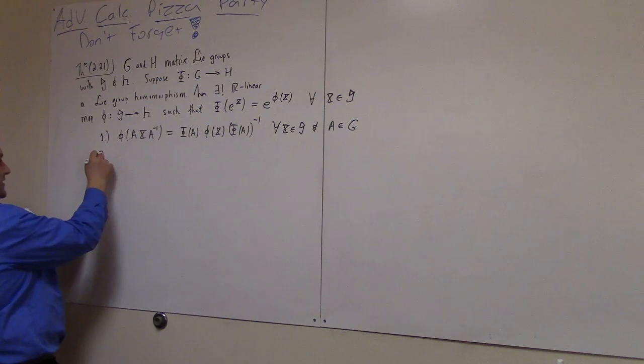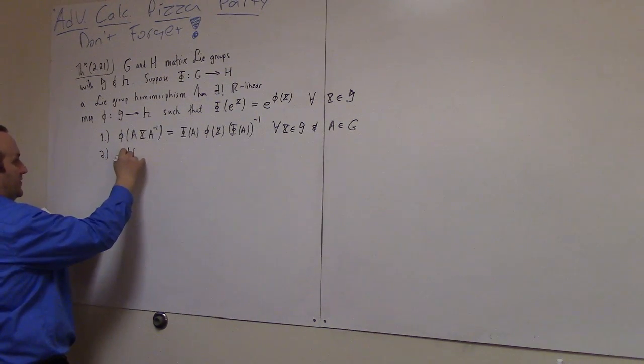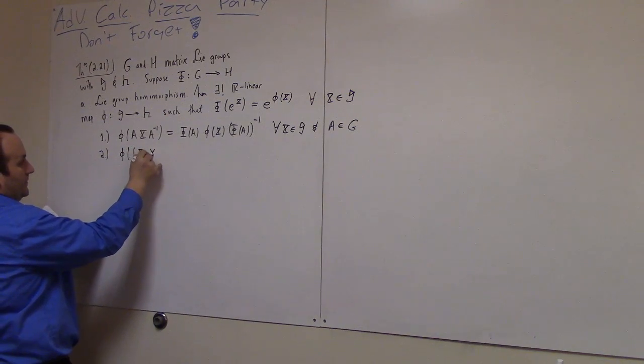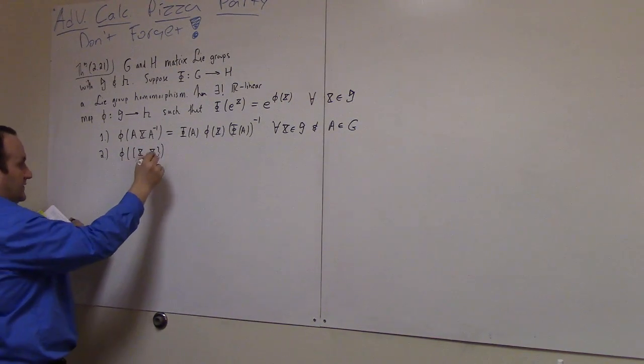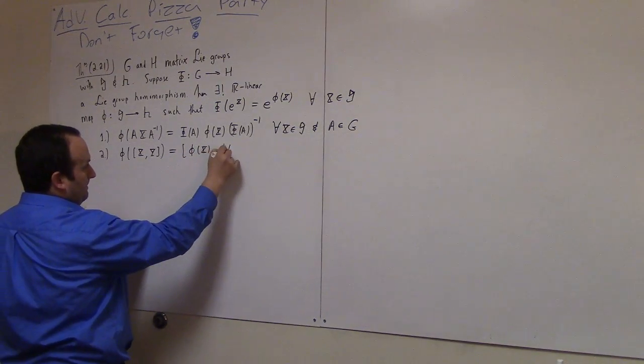And then a second fun fact: φ of the commutator of x and y is the commutator of φ of x and φ of y.